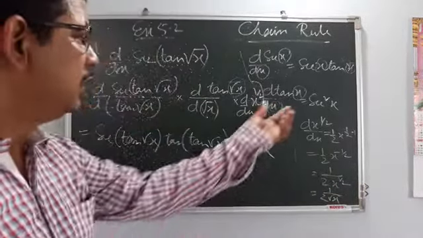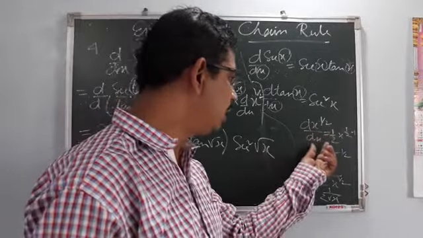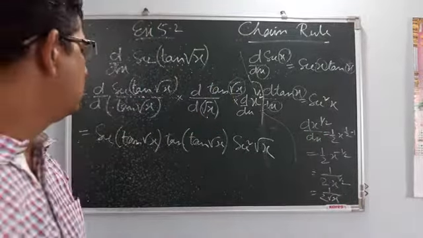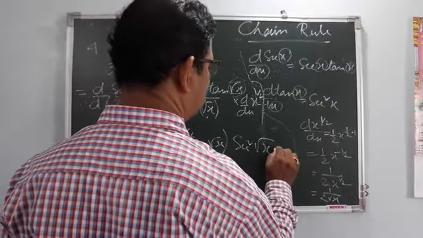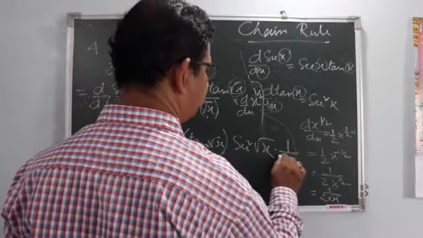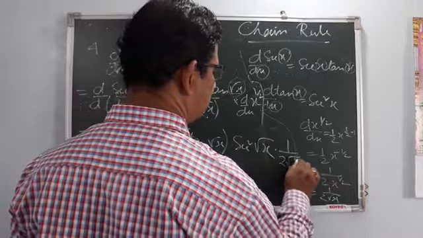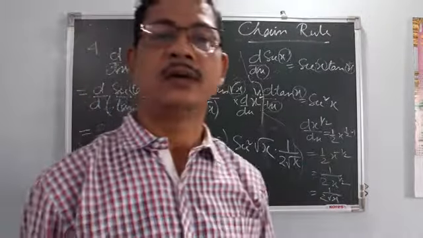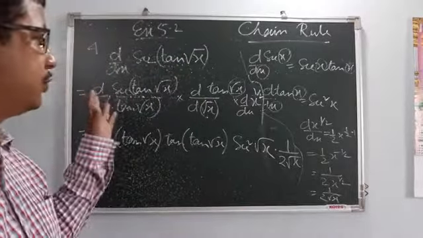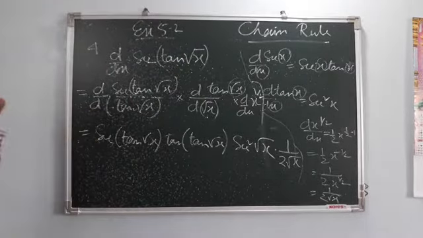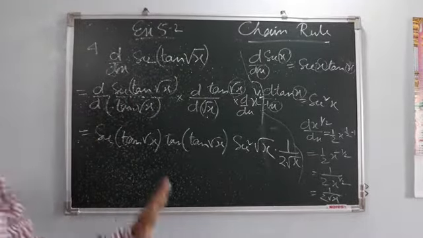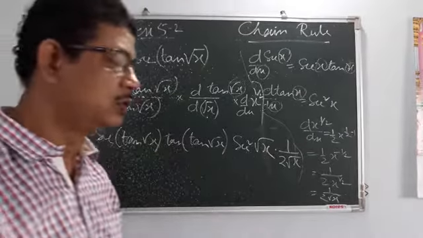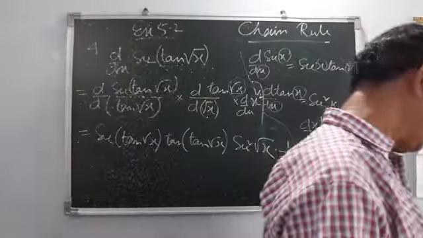See, differentiation of x to the power half with respect to x we can write as 1 by 2 root x. So here we will include this one, 1 by 2 root x. So this is the answer of question number 4. I think you understood this one. Two times we have used the chain rule. Double usage of chain rule.